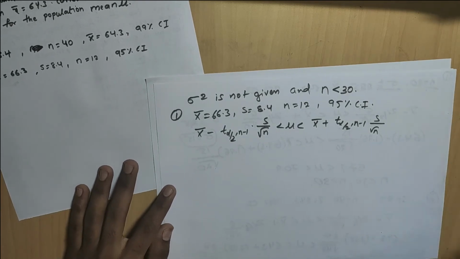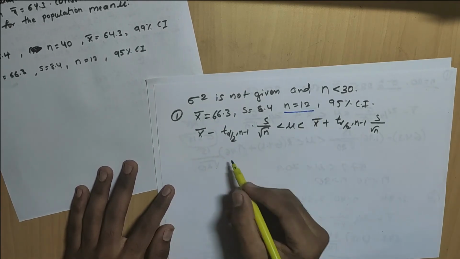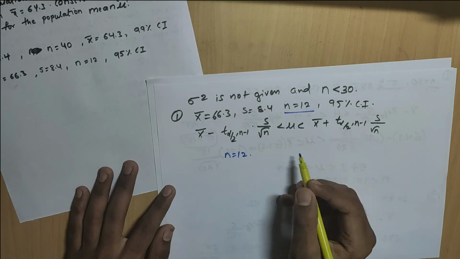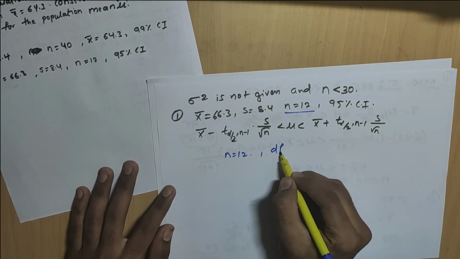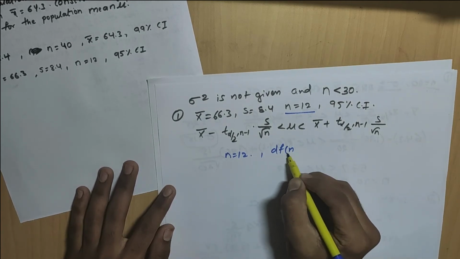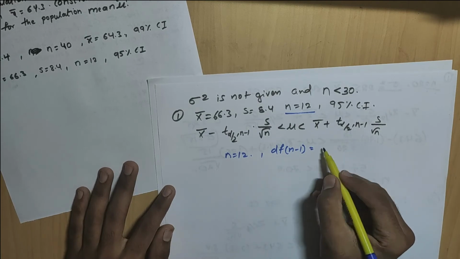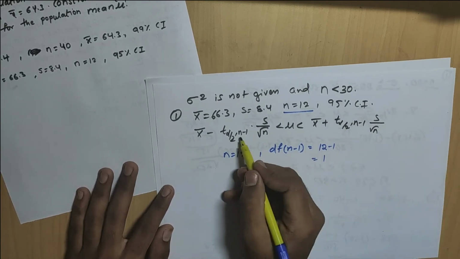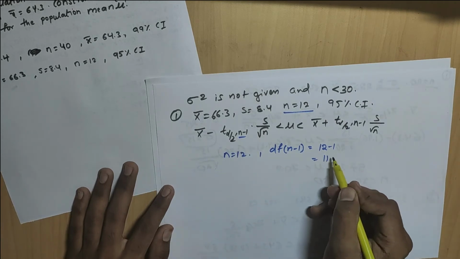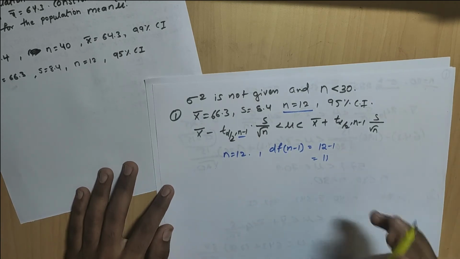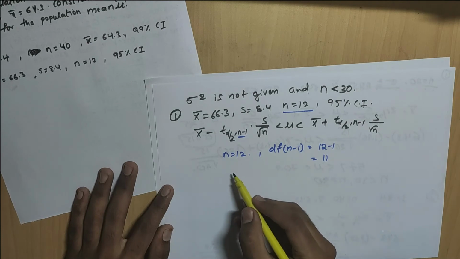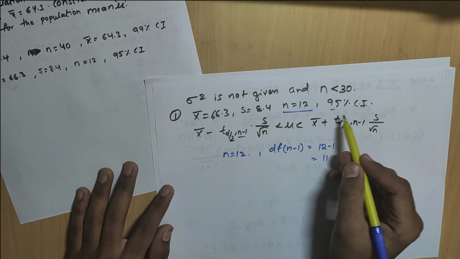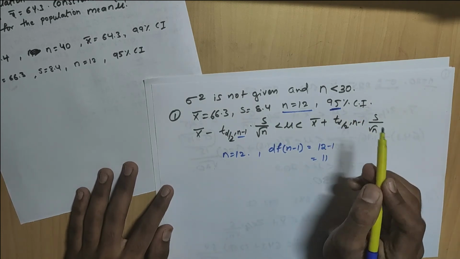Here friends, n is 12, so we have to find the degrees of freedom, that is n minus 1, which is 12 minus 1, that is 11. And we know that it is a 95% confidence interval.